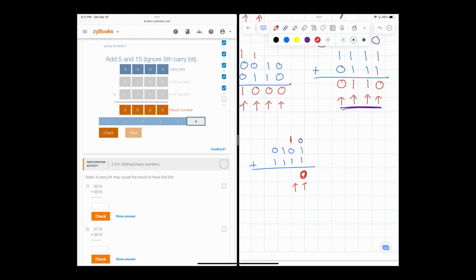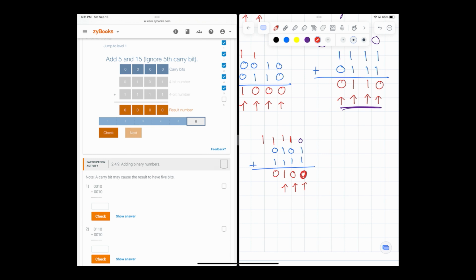And then second column, 1 plus 0 plus 1 is 2. So 0 here, 1 here. Now we have 1 plus 1 plus 1, which is 3. You write it as a 1 here and a 1 here. And then you have 1 plus 0 plus 1, which is 2. And you write it as 0, 1 like that, but we're carrying that 1, so we're going to write it up here.